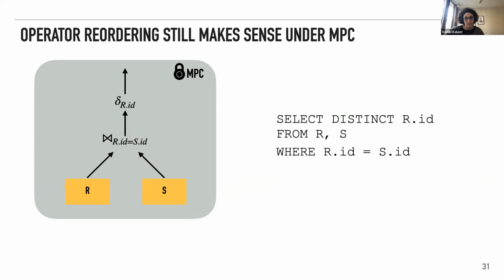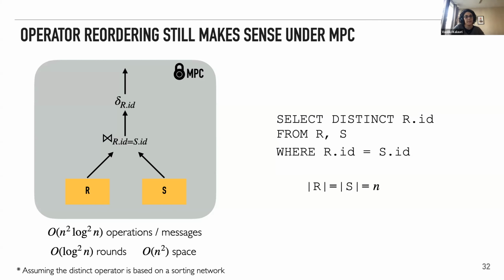Considering this simple query on the right, if we implement it with the plan on the left, that will result in n square log square n operations and log square n rounds under MPC, because the distinct is implemented with a sorting network like a bitonic sort.